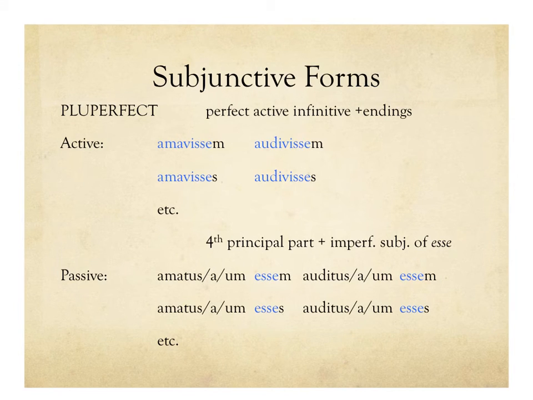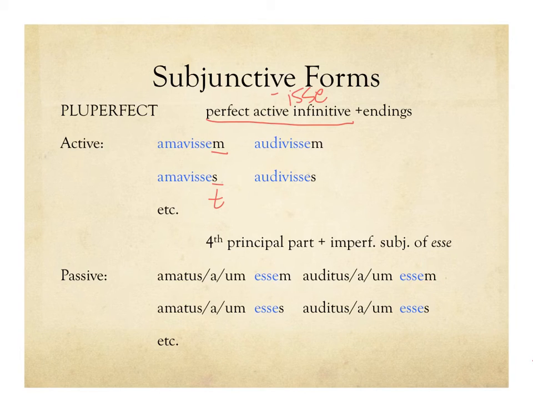We have the pluperfect subjunctive. For the pluperfect, we're going to take the perfect active infinitive, that is that form that ends in -isse that we learned in the last chapter, and then we add our regular endings. This is for the active. So amavissem, amavisses, amavisset, right, etc., etc. And it works the same for any verb.